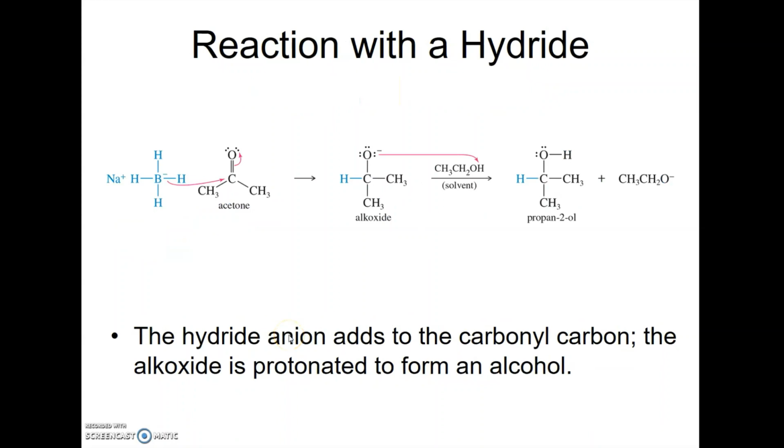Here is another reaction, and in this reaction we are not using a Grignard reagent, we are using sodium borohydride, and as you know, sodium borohydride is a good source of hydride.